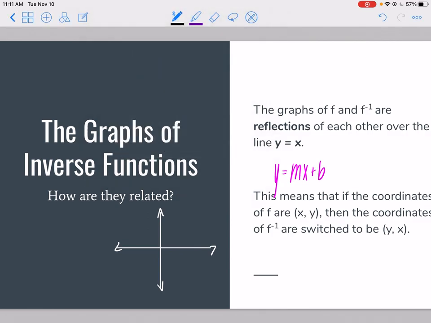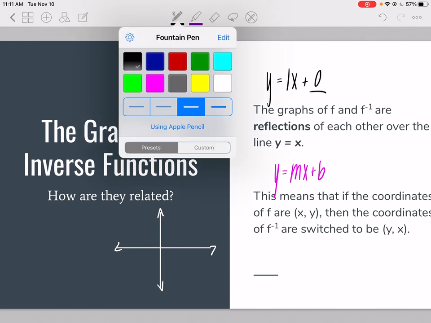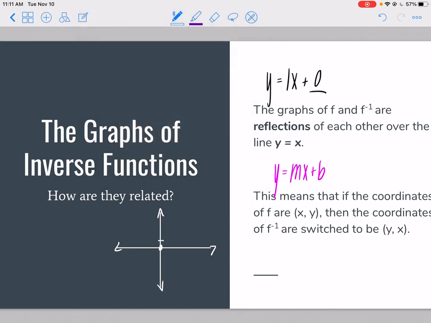this slope is a 1, it's a 1x, and then the b value is 0. So it starts at 0, 0, and then goes up 1 over 1, up 1 over 1, up 1 over 1, down 1 over 1, etc. Okay, so what this looks like is it is the diagonal line that goes straight through the origin.